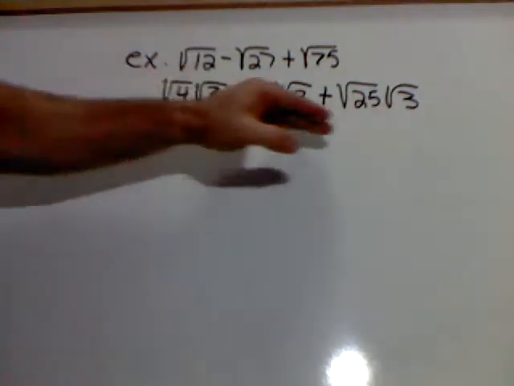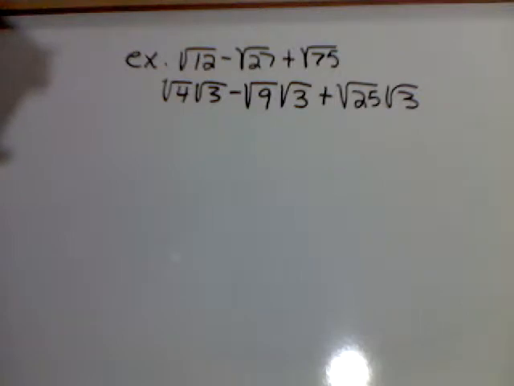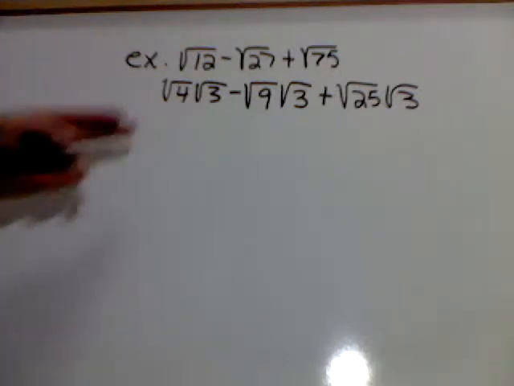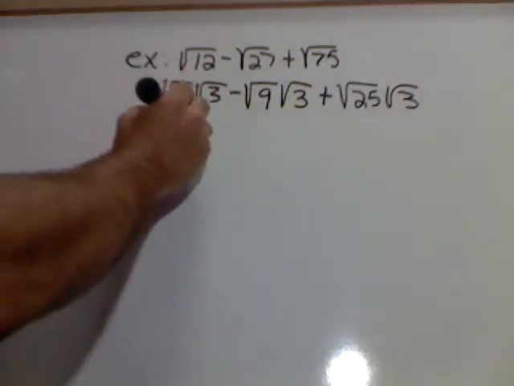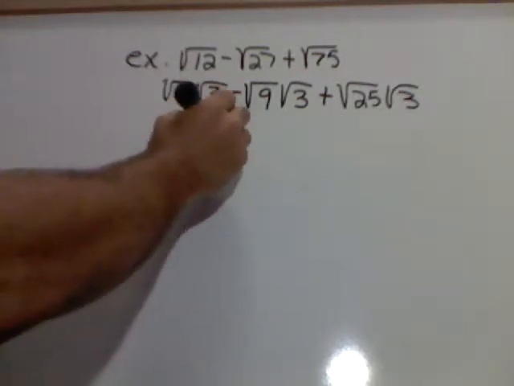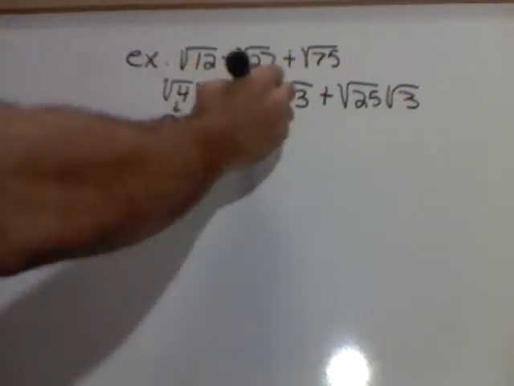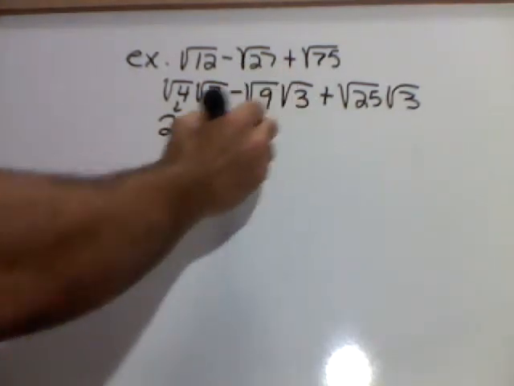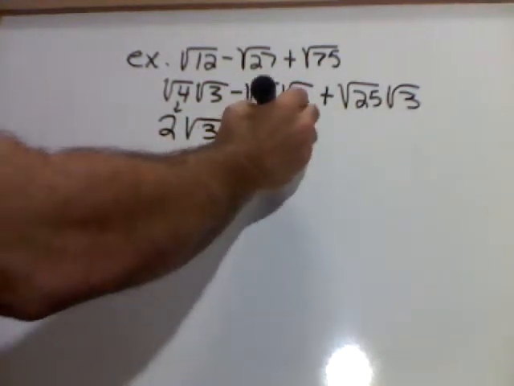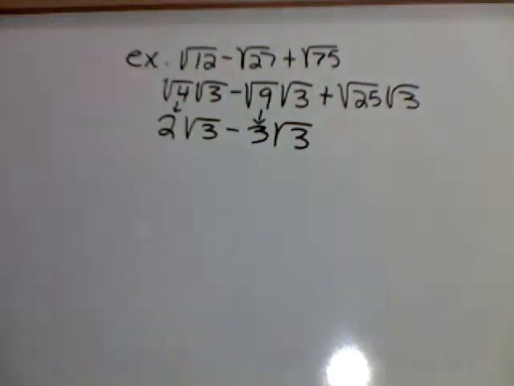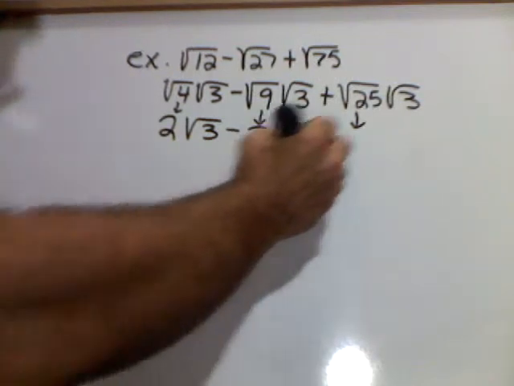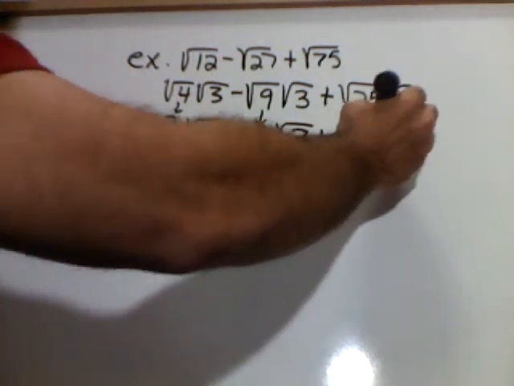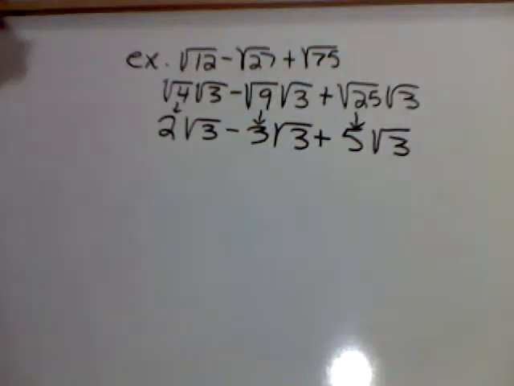Now, all these perfect squares will simplify into numbers, and then they will all be followed by a radical 3. Square root of 4 is 2, so I get 2 square root of 3, minus square root of 9 is 3, so I get 3 square root of 3, plus square root of 25 is 5, so I get 5 square root of 3s.